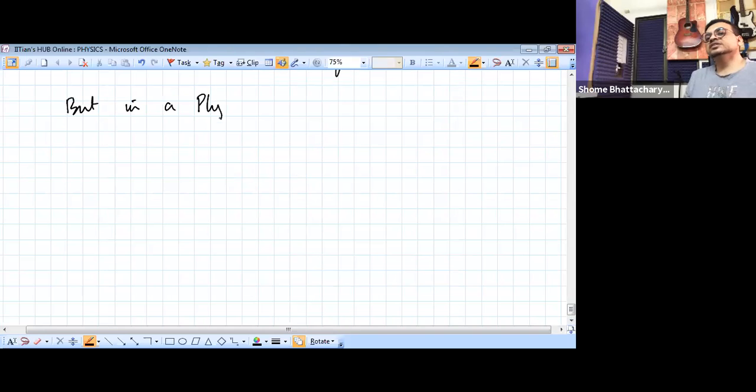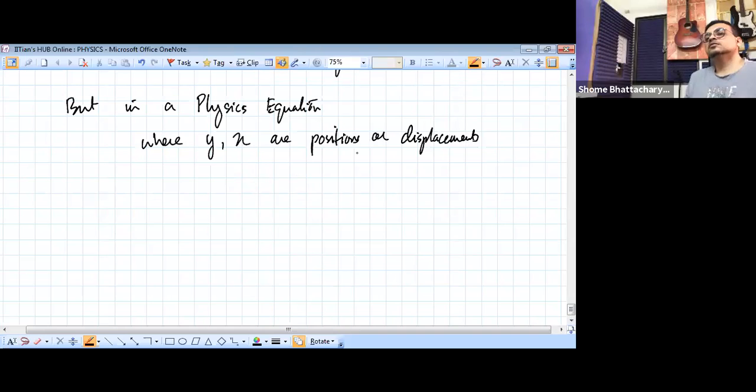But in a physics equation, where y and x are positions or displacements in meters or centimeters or something like that, the function will always be of this type.